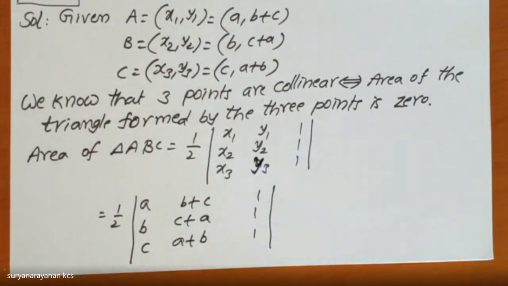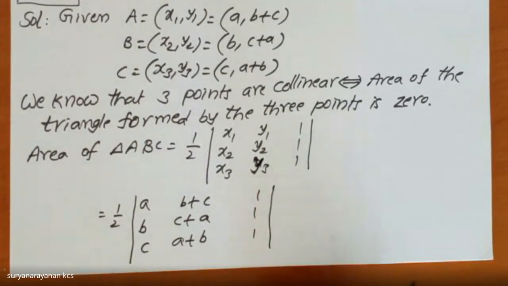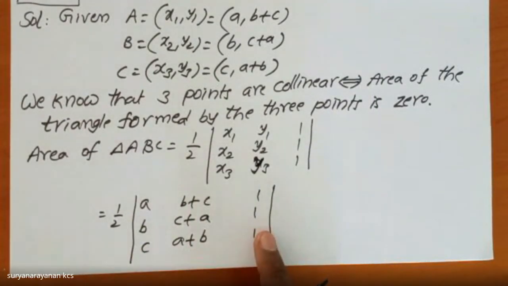Okay, my dear children. Just I have substituted x1, y1, x2, y2, x3, y3. In the third column, all the elements are 1 only. Now we have to find the determinant of this matrix.